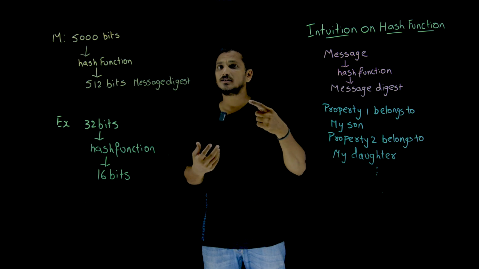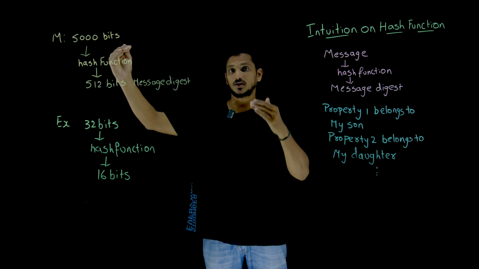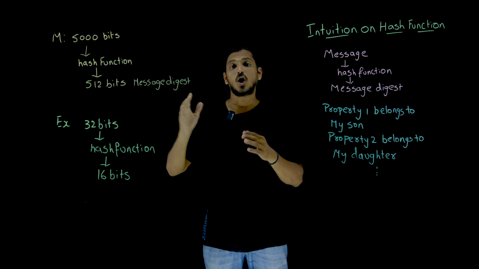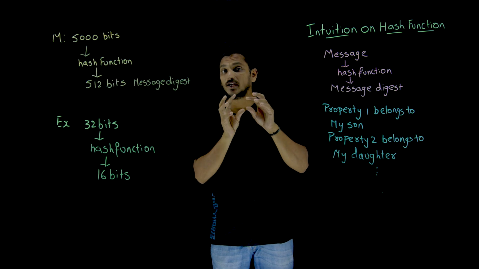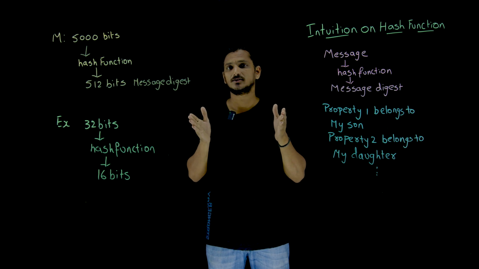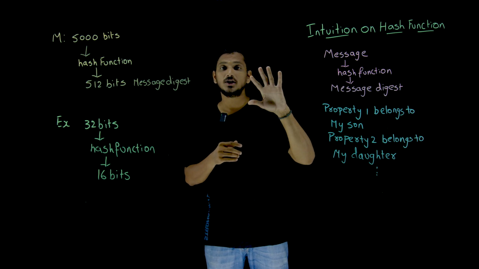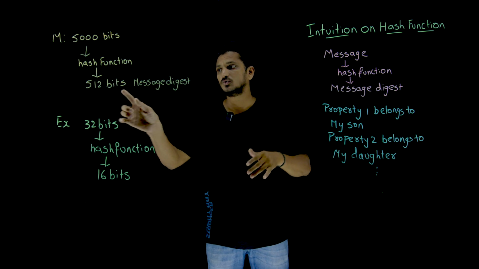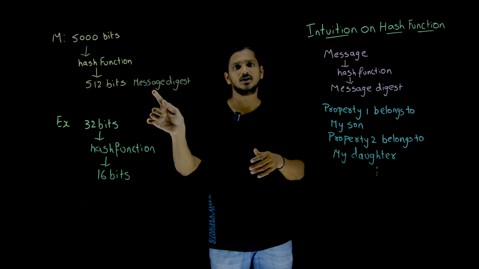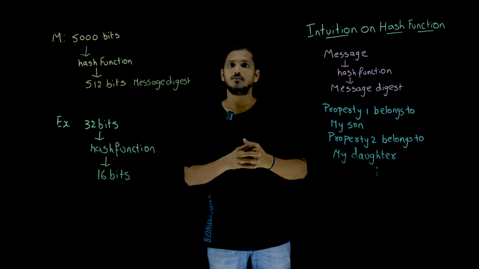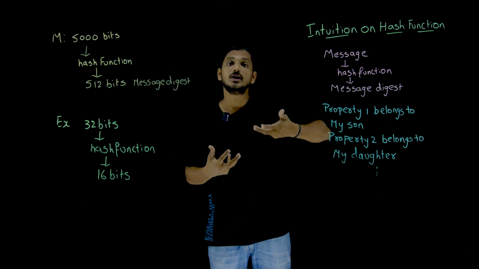Let's assume your message is of 5,000 bits. How many combinations does the hacker have to check? If he knows the message length, 2 power 5,000 combinations, and he has to identify the equivalent message which generates the same message digest. Is it possible to check all those combinations? 2 power 5,000 means you need an algorithm of exponential time.